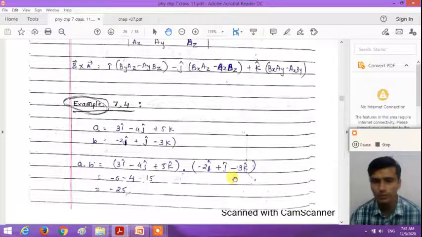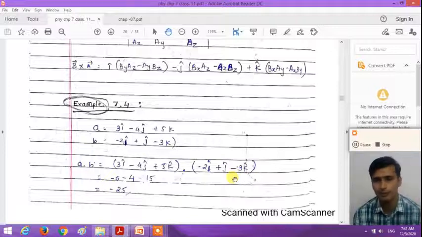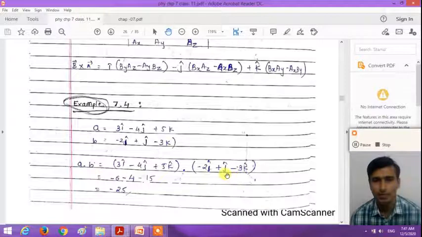So how can we find the scalar product of these two vectors? For the scalar product, see the first video of chapter number 6, and you will get more idea about the scalar product.